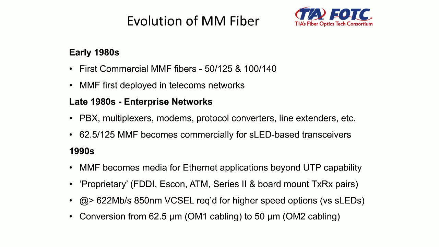The paradigm shift came in the mid-to-late 90s, at the advent of VCSEL technology and the need for gigabit transmission. Really, superluminescent LEDs, SLEDs, kind of topped out at 622 meg, and that's where we saw the conversion to VCSELs and 1 gig.